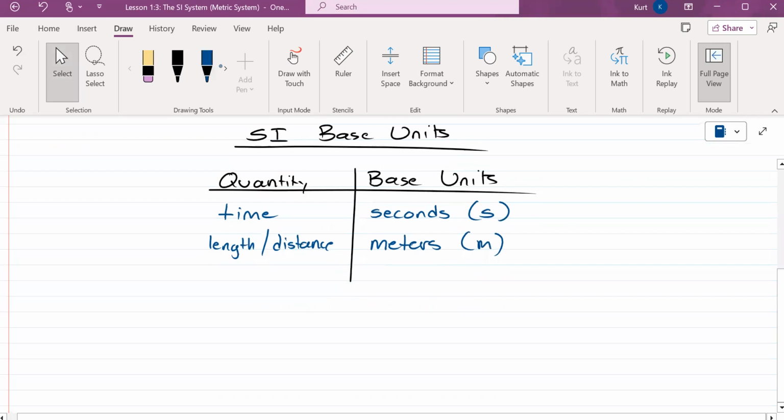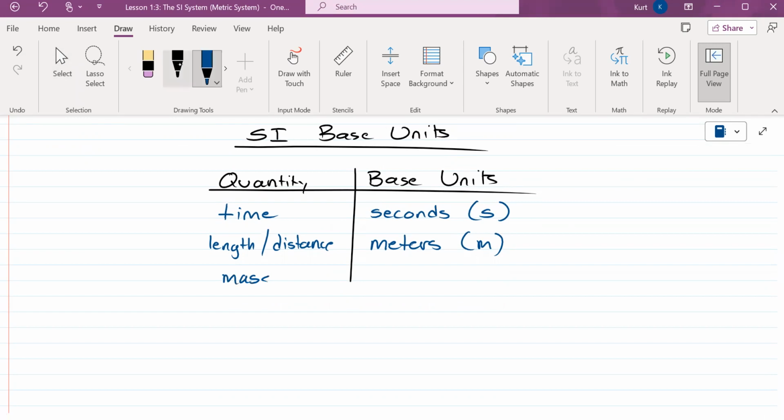All right, next one, mass. Not weight. Remember, weight is influenced by gravity. What would mass be measured in? Grams. And grams are actually pretty small. Let me give you an example of just how small grams are. Hey, Siri, how many grams is a pencil?